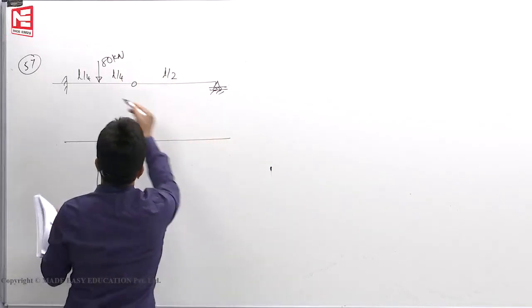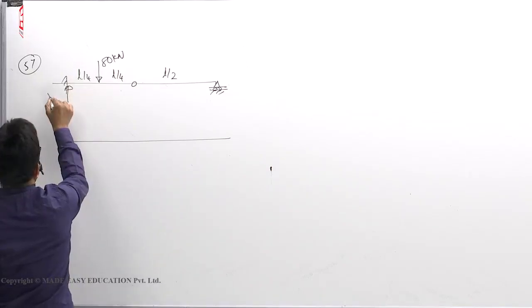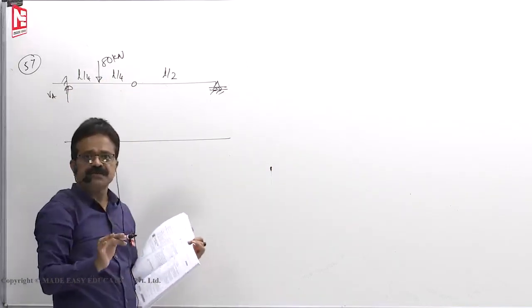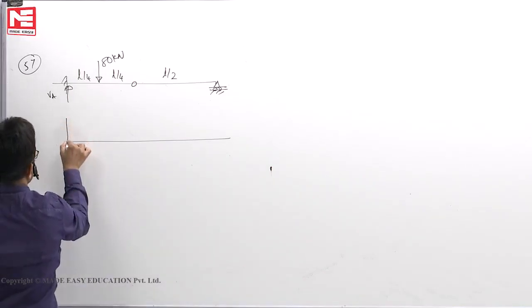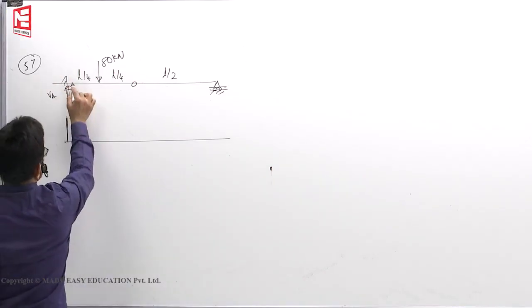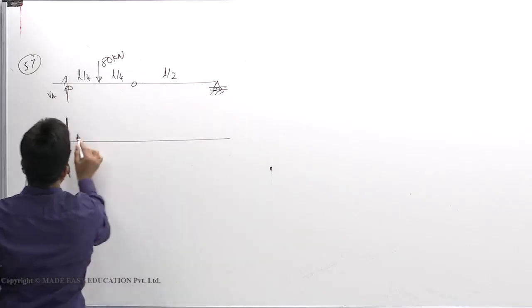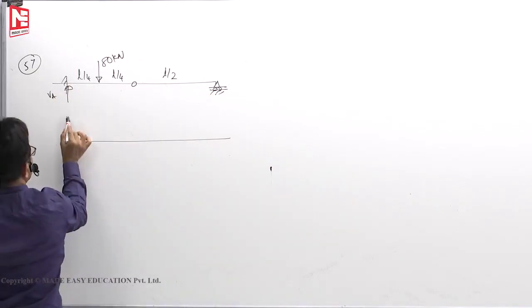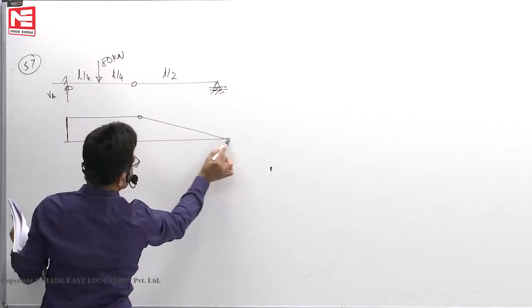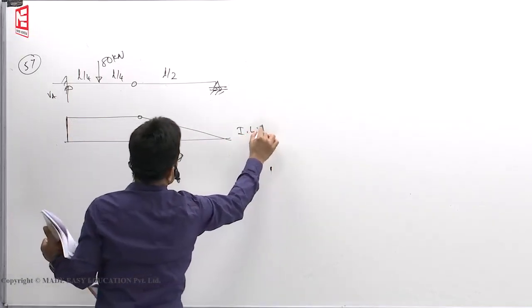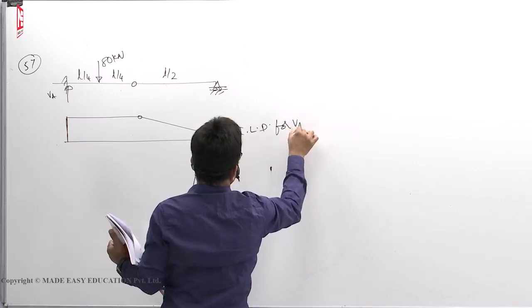So if you want to find the vertical reaction VA, the strength of materials concept we should not use. You should take the help of ILD. What is the ILD for VA? Without removing the fixed end moment, without removing the support, remove the reaction, and lift it by 1. It will go like this, then like this. This is the ILD for vertical reaction at A.